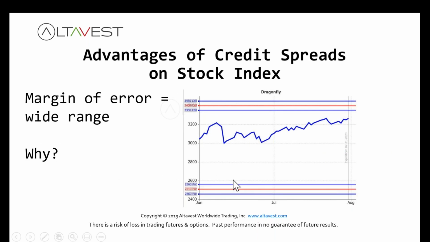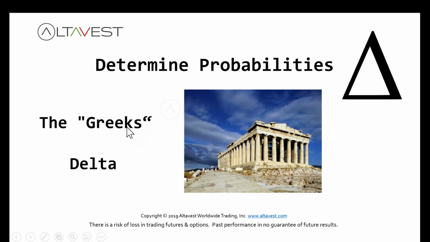Don't worry about this chart if you don't know what it means yet, but here's a credit spread on a stock index. You can see the stock index moving sideways to higher here. You have calls on the upside, puts on the downside. So you have this large, wide margin of error in this trade, and we're going to show you how that works.